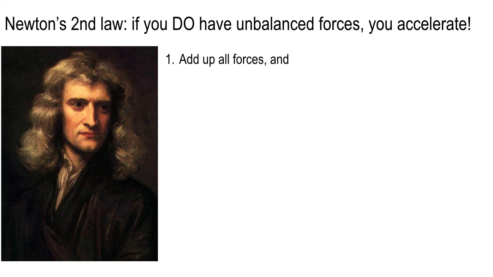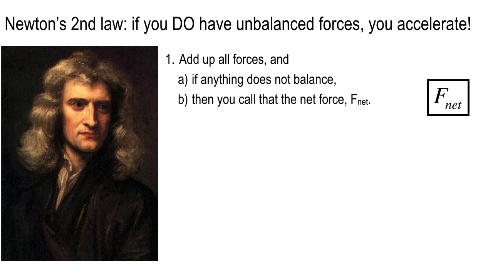So he said what you do is you add up all the forces. And if anything doesn't balance, you have a little bit more to the right than you do to the left, then that's your net force. And that's denoted capital F with a subscript NET, net force.